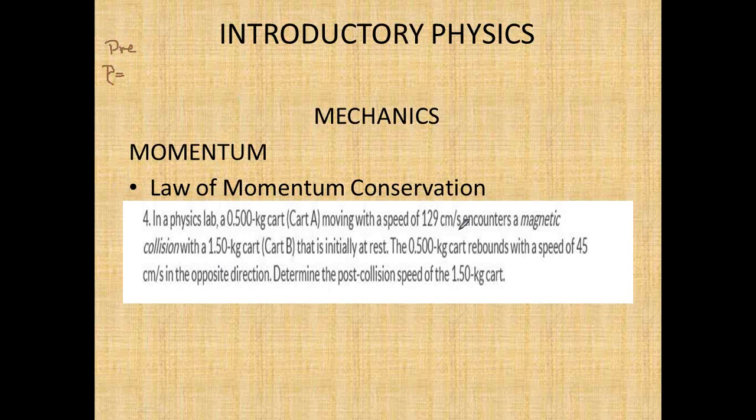Let's say that this smaller cart is traveling to the right, so it's going to have a positive velocity. So the mass is 0.5, and the momentum is mass times velocity, which is 129.